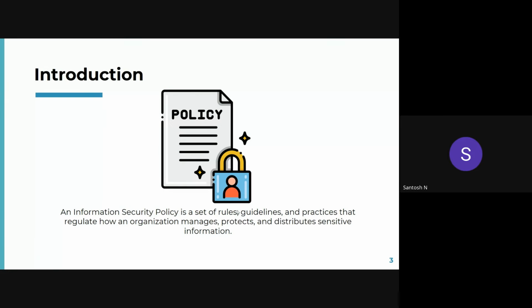So what is an information security policy? If you open that, it's a no brainer. You'll find the rules, the guidelines and practices, how the organization has to operate information security and how to protect information. So it's more like rules and guidelines. Now my next question is, how do you derive an information security policy?